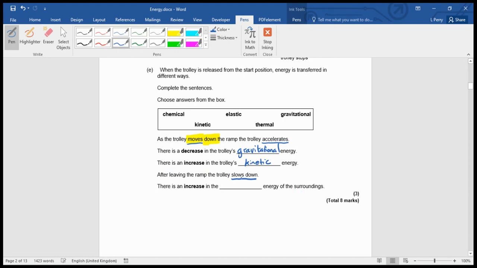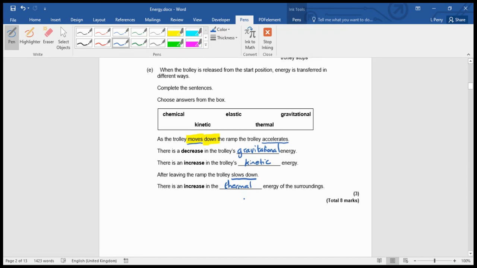So although the trolley is losing kinetic energy as it slows down, it's hitting the air around it, and it'll be giving the air around it thermal energy. Now, it'll only heat up a tiny bit, so you wouldn't notice, but the friction is causing that little bit of heat, and that's why it's thermal energy.